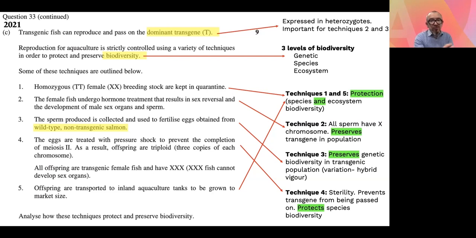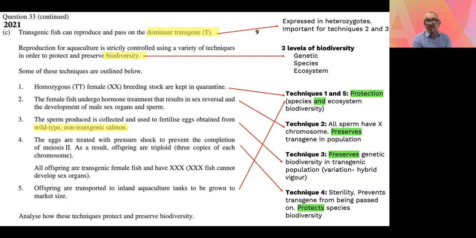Now, I'm not going to read through these one by one. Suffice to say that some of the techniques are outlined below. There's 5 points there. And at the bottom there, analyze how these techniques protect and preserve biodiversity. Okay, so before I skip to the next slide, we cube it, I guaranteed analyze.